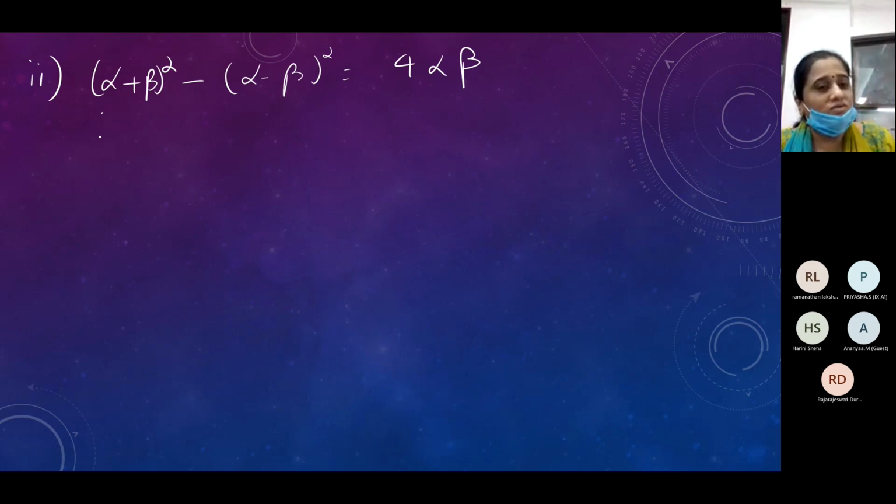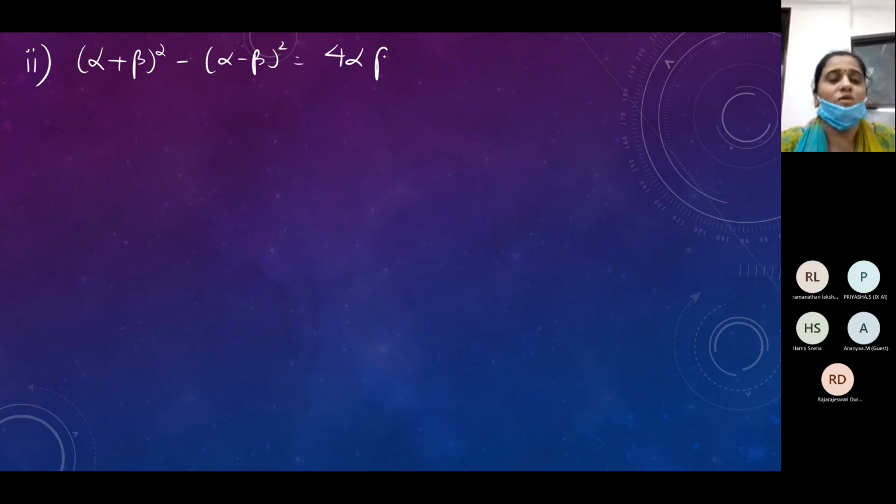Not this. Then have you used alpha plus beta? Which one have you used then? Read your identity. So you have squared it and transposed. That is, alpha plus beta the whole square is equal to alpha square plus beta square plus 2 alpha beta, and then you have transposed. Fine, I'll work it both the ways. We'll do it both the ways.